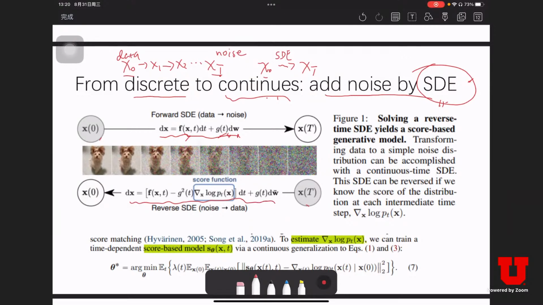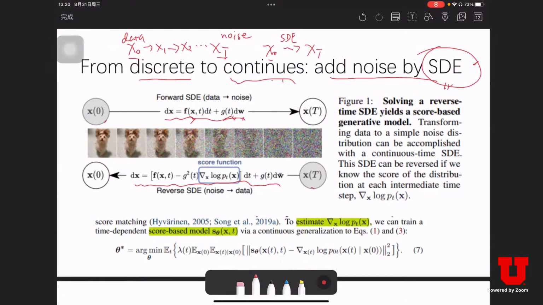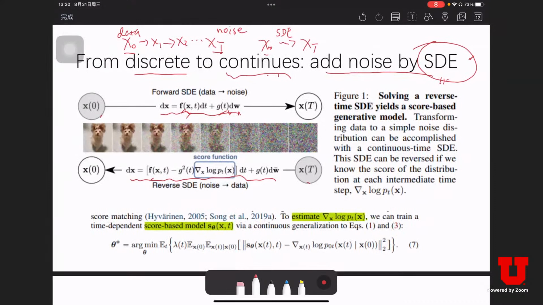Let us check each term of the backward SDE. The F, as given, is consistent with the F, the drift term, in the forward SDE. The G is the diffusion term of the SDE. And you will see a term like this one: the gradient of the log probability, log p_t(x).